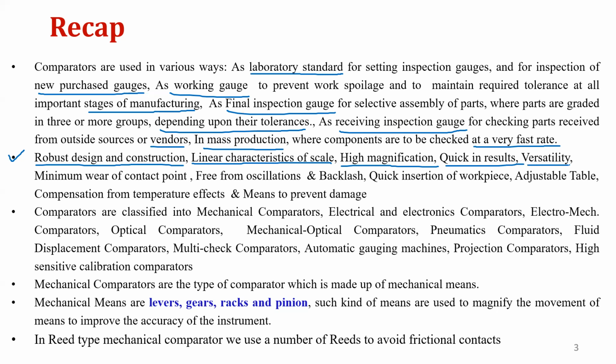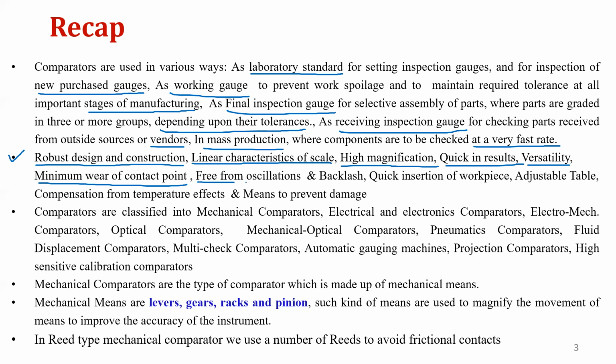Versatility is another characteristic of a good comparator, which means it provides a wide range of measurements, with minimum wear of the contact point. The contact point should be made of hardened steel or diamond so that wear is minimum.